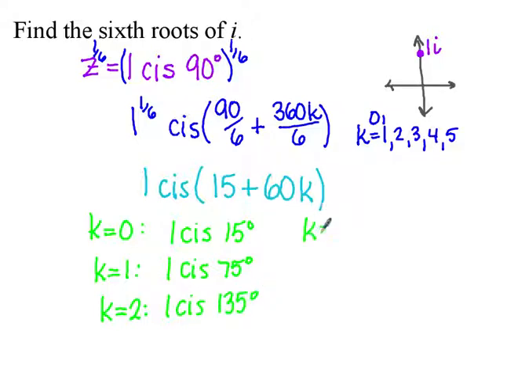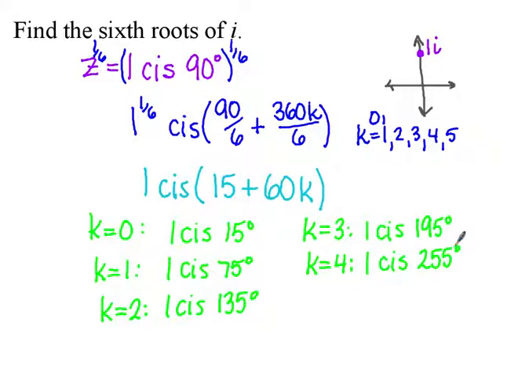When k is 3, I get 1 cis 195. When k is 4, I get 1 cis 255. When k is 5, what do I get? 315. Now, you're going to notice, what do all those angles differ by? 60. So there you go.